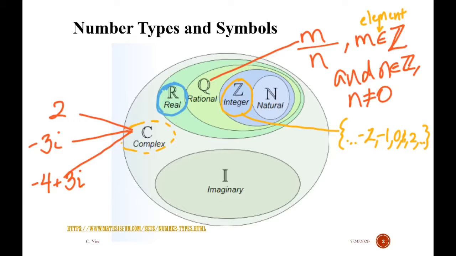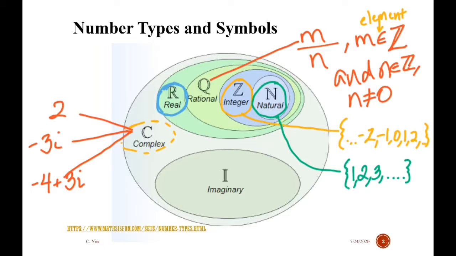A 1.5, for example, is not an integer. And then you've got what they've nestled inside of here as the set of natural numbers. When I see natural numbers, to me that means what you naturally start counting with, so it would be 1, 2, 3, and so on.